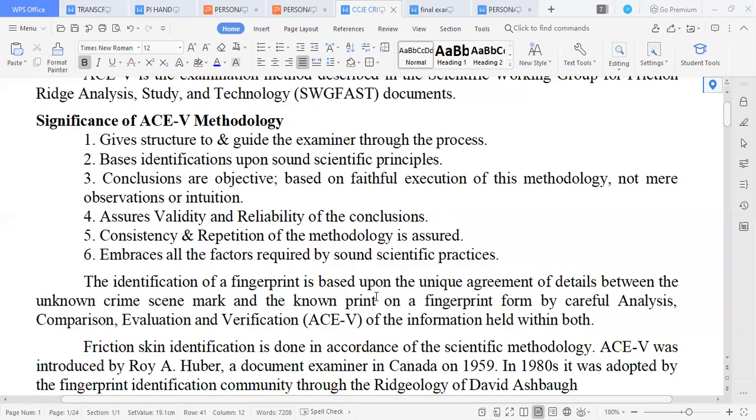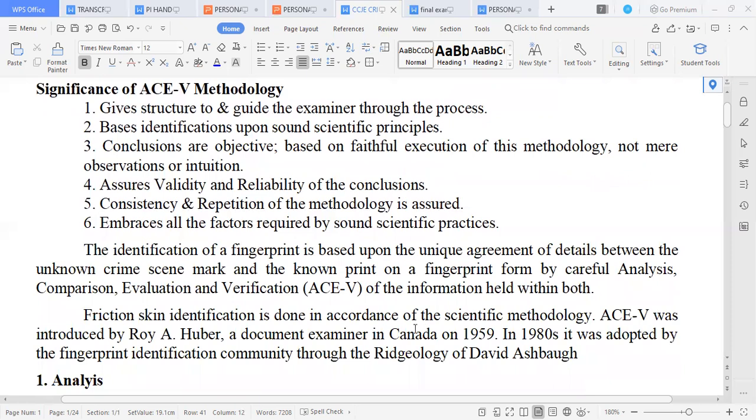In some other books, it would indicate the standard and the question print. So unknown is the question and known print would serve as the standard print. So this will be processed through the ACEV methodology.